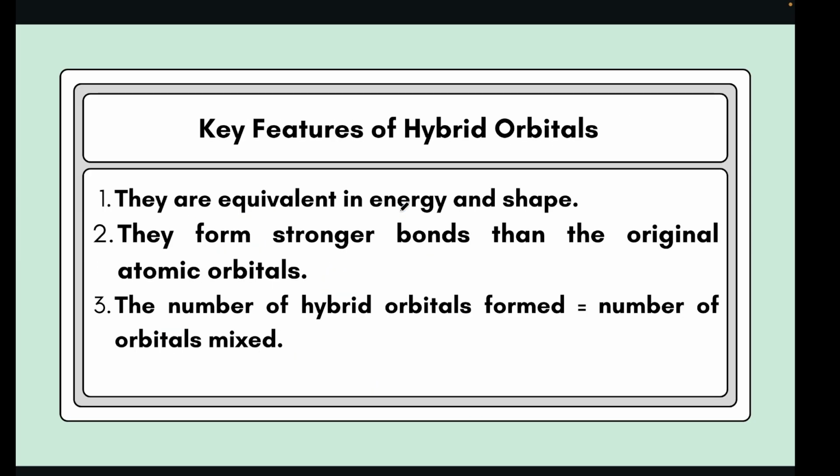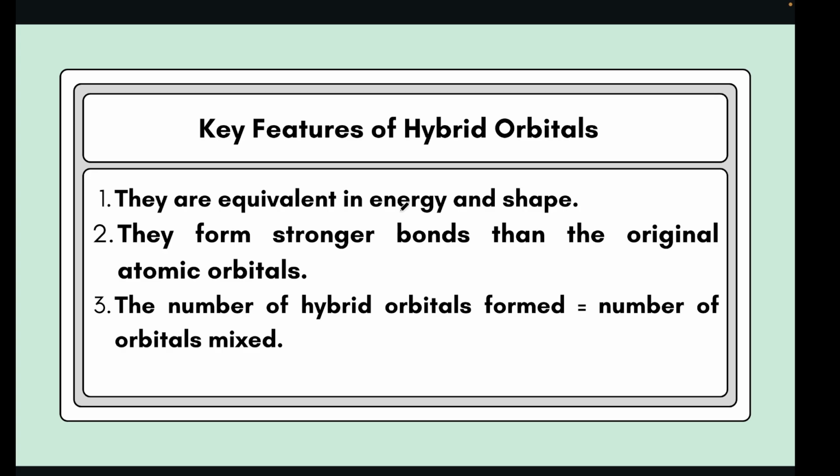Next, what are the key features of hybrid orbitals? Hybrid orbitals are equivalent in energy and shape. They form stronger bonds than the original atomic orbitals. And the number of hybrid orbitals formed is equal to the number of orbitals mixed. That means hybrid orbitals are made by combining atomic orbitals of the same atom. So the resulting hybrid orbitals have equal energy, unlike the original orbitals.